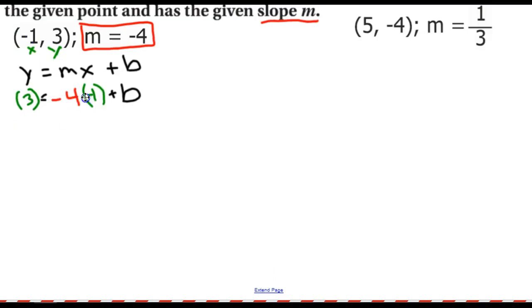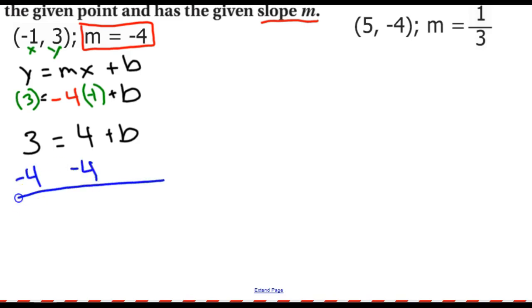Now, I know that -4 times -1 is going to give us 4 plus b equals 3. To solve for b, I got to get b by itself. So I'm going to subtract 4 because 4 is positive. 3 minus 4 gives us -1. So b equals -1.